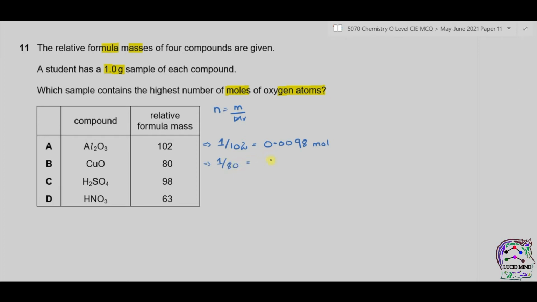Number of moles is equal to 0.0125 moles. We can do this for the next two. 1 divided by 98, 0.0102 moles. And the last one is nitric acid.